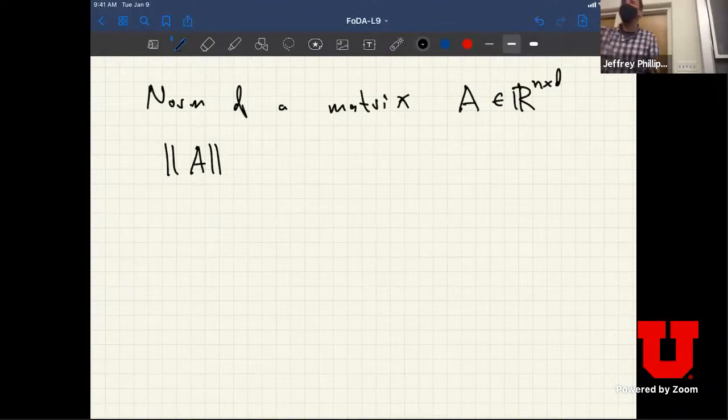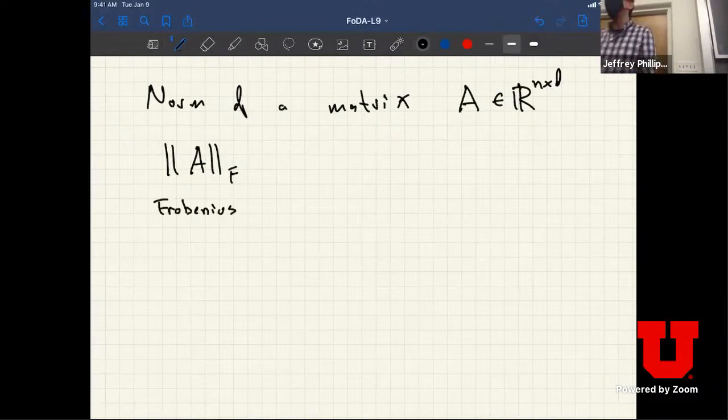There are more than two, but I'm going to focus on the two most common ones, and they're both extensions of the Lp norm, the 2 norm. I write them with different subscripts because they're different extensions of it. The simplest one to understand is you put an F as a subscript. This is called the Frobenius norm.